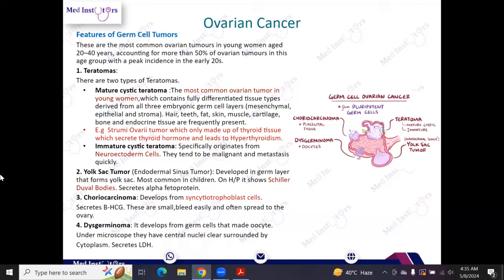One is the raised alpha-fetoprotein level, and number two, the Schiller-Duval bodies on the histopathological examination. So remember these 2 points. Or they may give you the clinical scenario and the diagnosis that this patient has yolk sac tumor, and ask what the findings are on the histopathological slide. Then in that case, you need to pick the Schiller-Duval bodies. Am I clear?